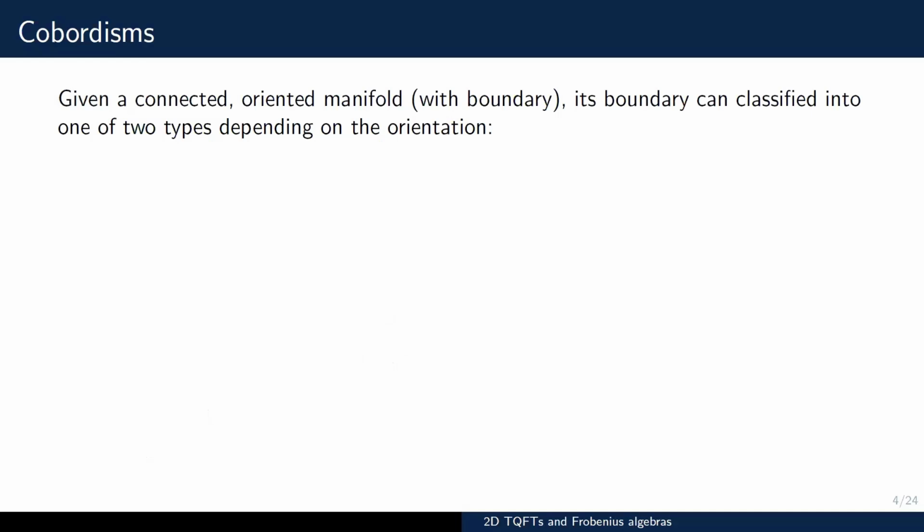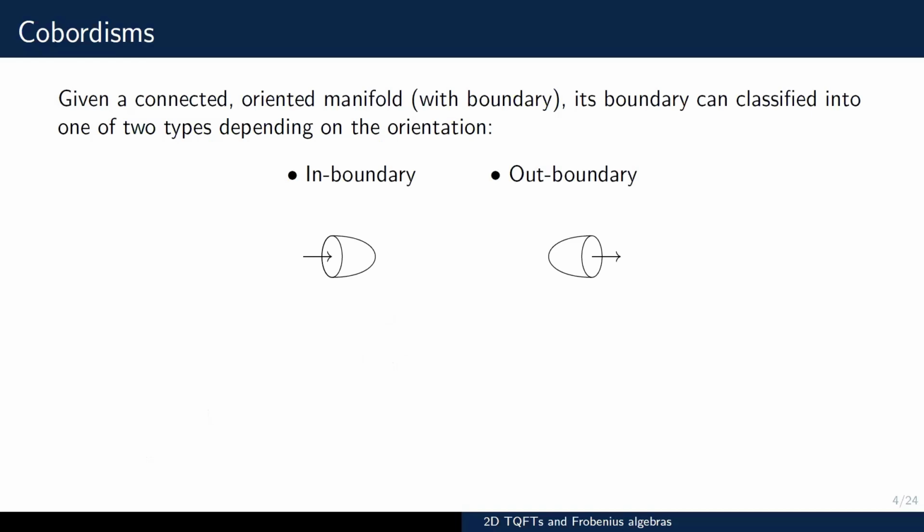If we have an oriented connected manifold with boundary, we can classify its boundary into one of two types, depending on its orientation: the in boundary or the out boundary. There is a rigorous way of defining what an in boundary and out boundary are. If you're familiar with how charts around the boundary are defined, there's something called half-space charts.